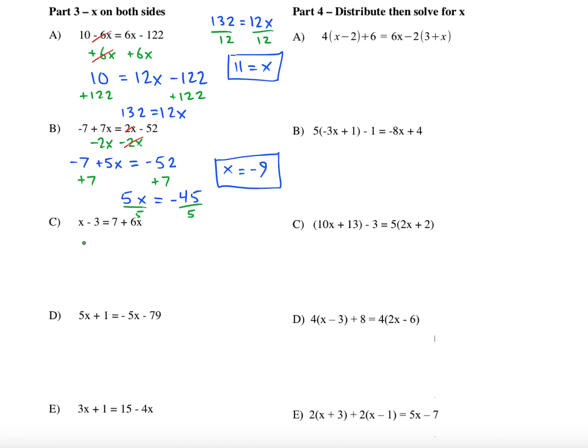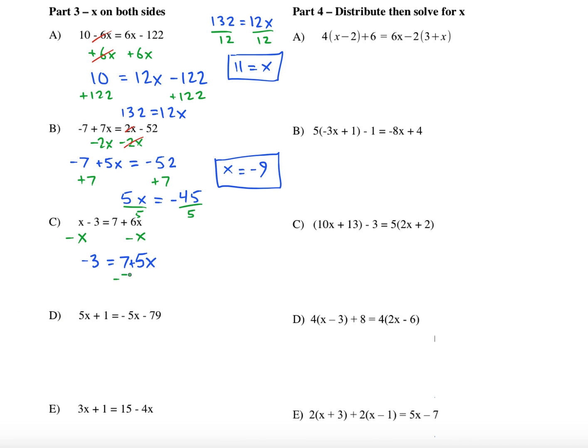All right, down here, I'm going to move the x over. That makes 5x.